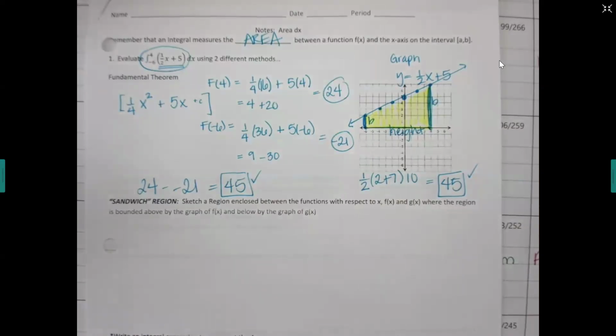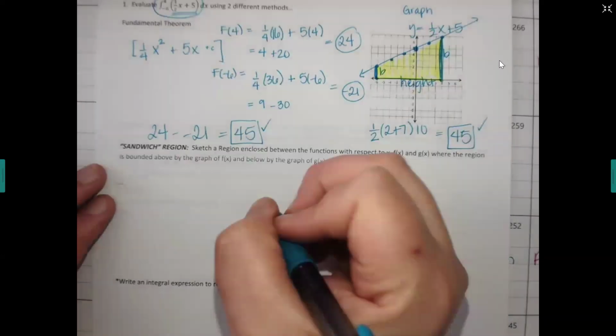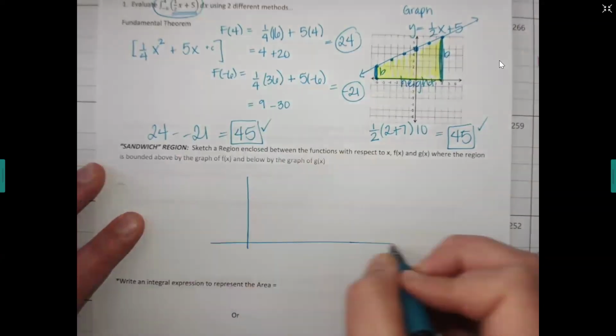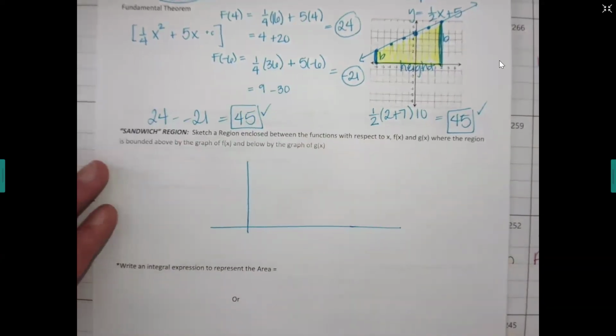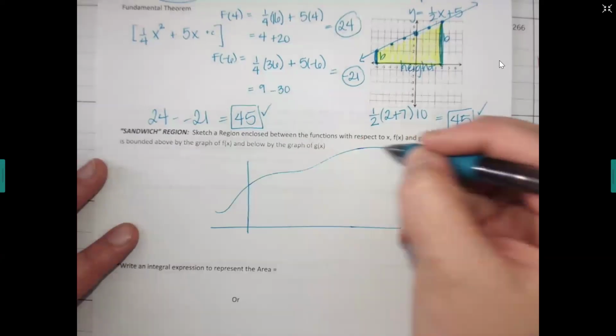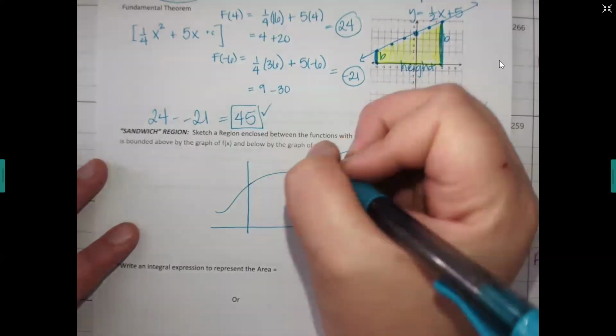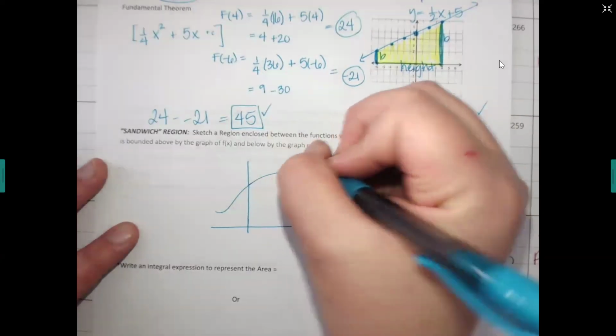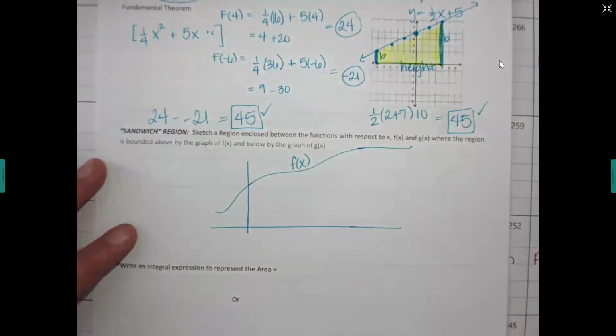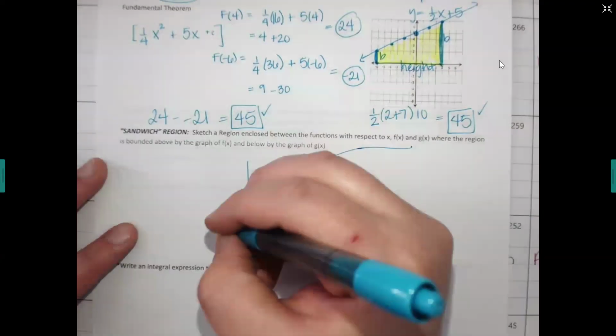So the last unit that we're going to cover on the AP test is going to be you having to find the size of various areas. But we already know that if I want area, I do an integral. So a sandwich region, this isn't a real mathematical term, but just go with it, is where you have one function on top. Let's call this f of x. And then you have another function on bottom.